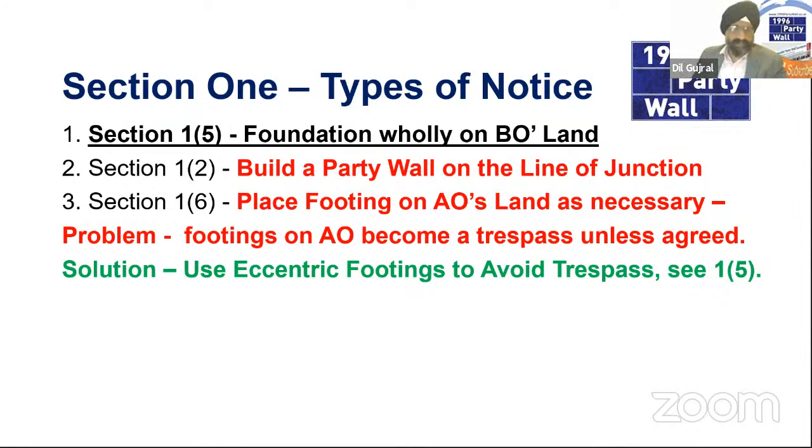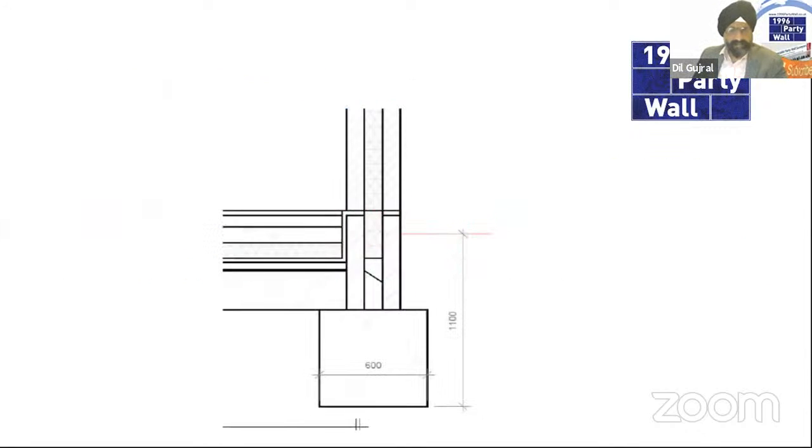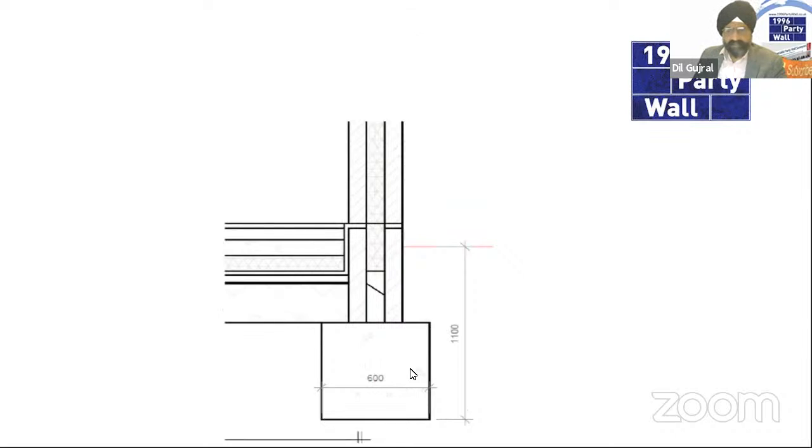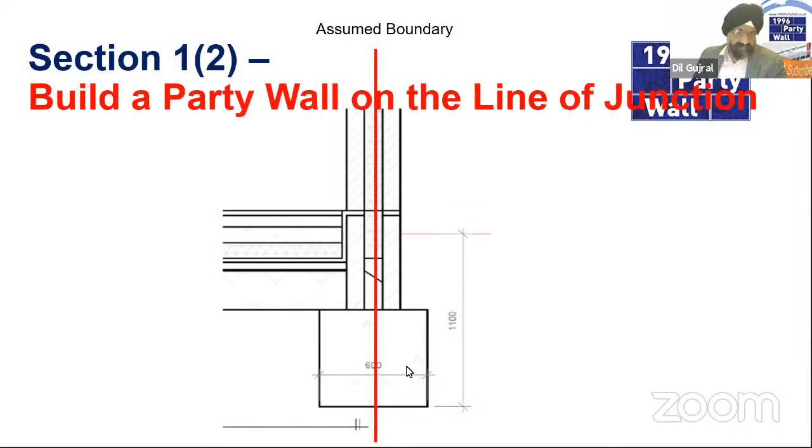I'm going to show you diagrams shortly. Okay, so this is standard construction, section 1.2, party wall on the line of junction. The boundary runs somewhere in the middle; it could be any part of the wall actually. Standard construction, and that's the assumed boundary, this red line there. You would only do this if your neighbor agreed.